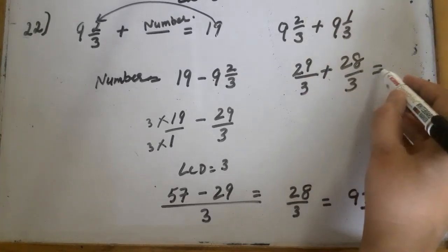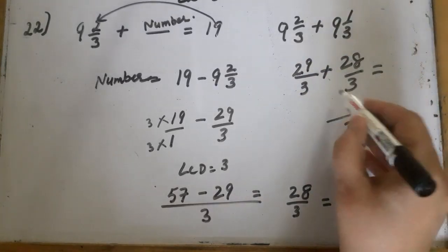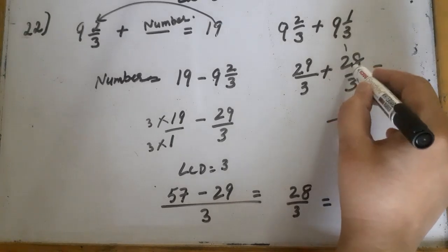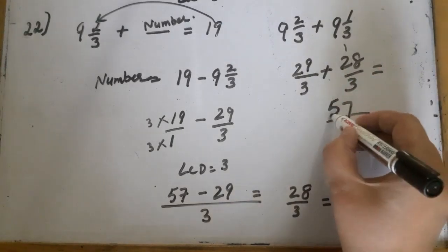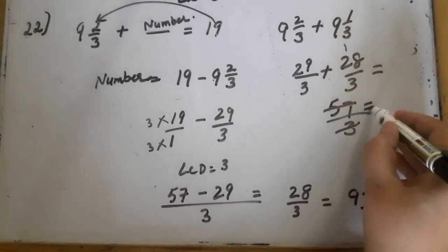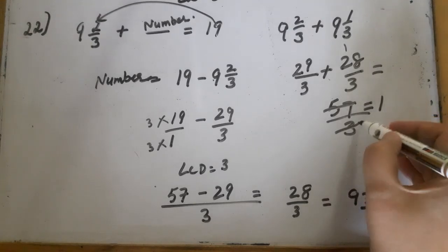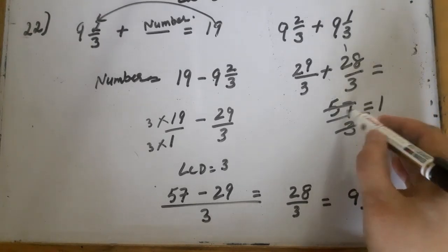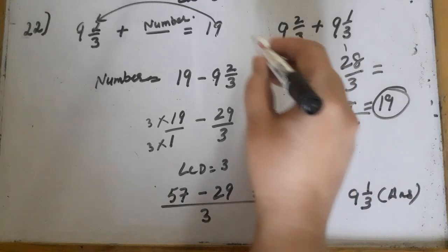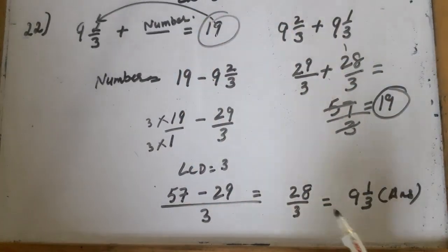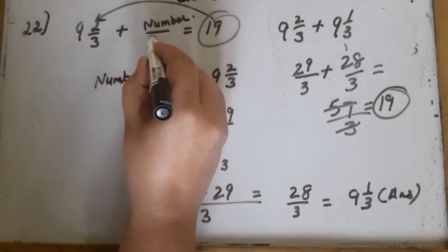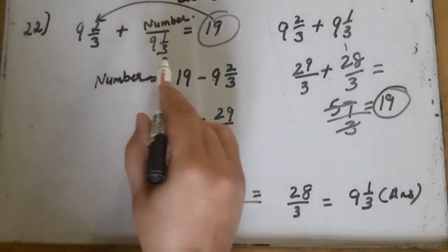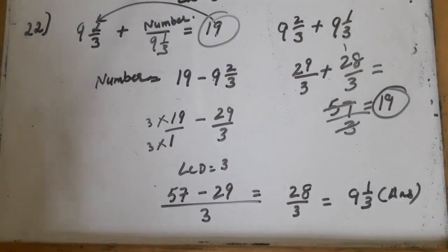Now when you add, because these are like fractions, 29 and 28 make 57, and 57 upon 3 is 19. So you get the answer 19 when you add this number and the number which you have found. So you can always cross check also.